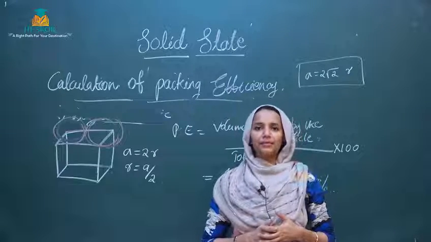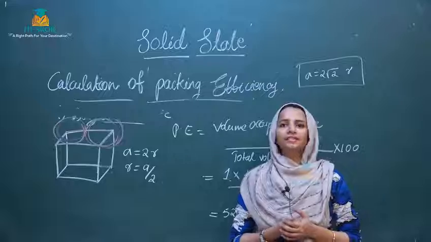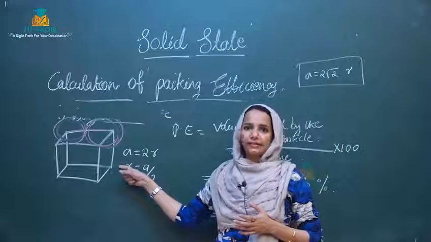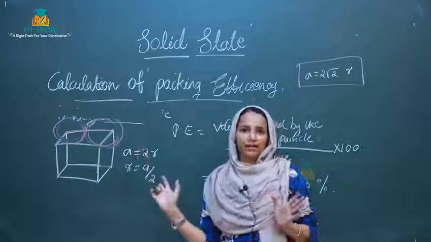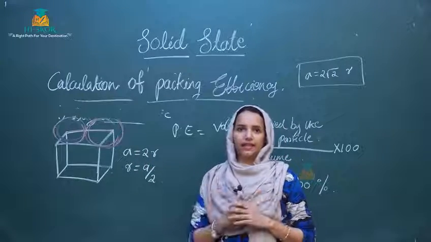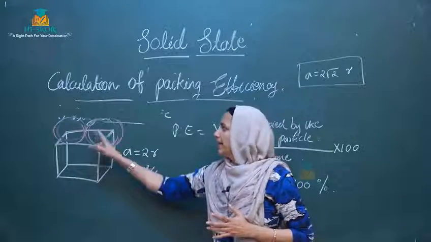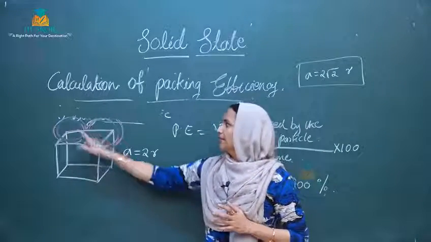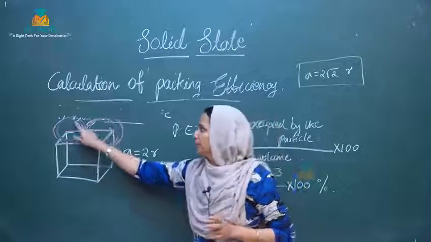Now we discuss the packing efficiency of the simple cubic structure. In simple cubic structure, you know that the particles are present only at the corners. Suppose you consider these two corner particles.